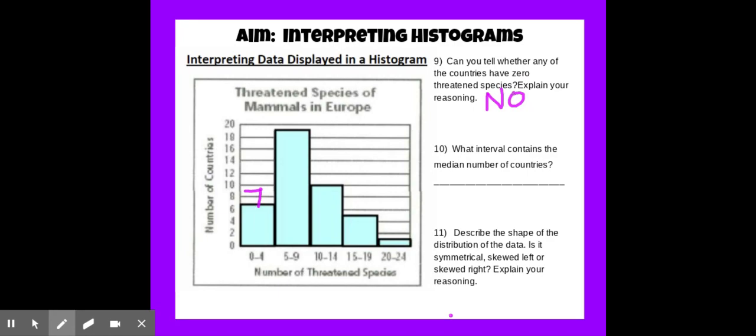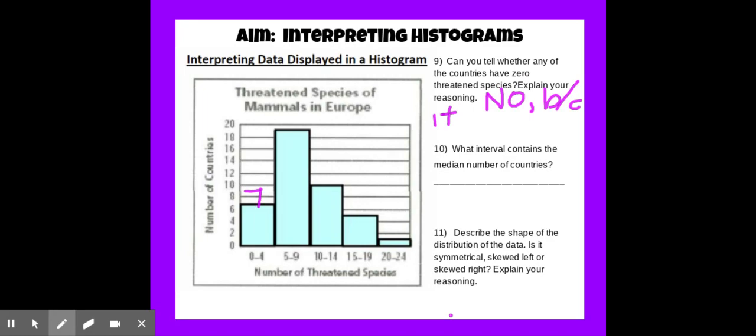So you say no because it's an interval and not exact data. If we had data beforehand that we organized into this histogram, then yes, but we have no hard evidence. All we know is that there's 7 countries between 0 and 4. All 7 could have four threatened species. We don't know, but you can't tell exactly if any of them have 0.